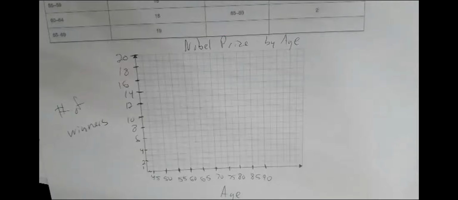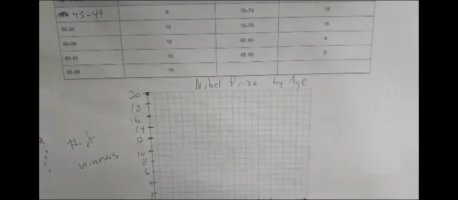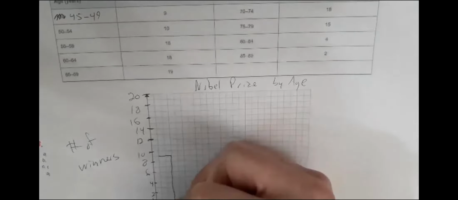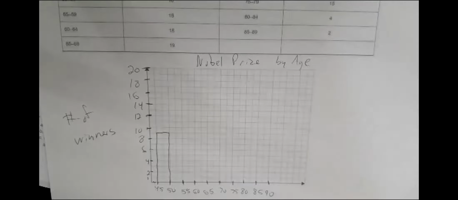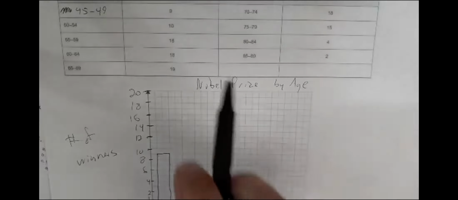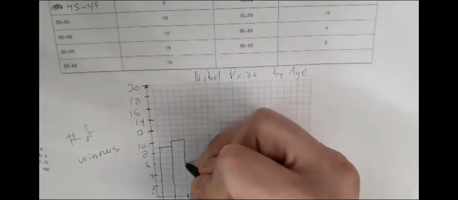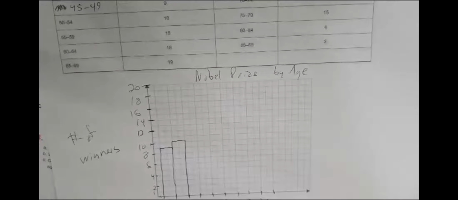So between 45 and 50, I think I'm getting 9 winners. So I'm going to go up. There's my bar for 45 to 50. The next thing I'm looking at is from 50 to 54, which is going to give me 10. I'm doing this one up to 10.